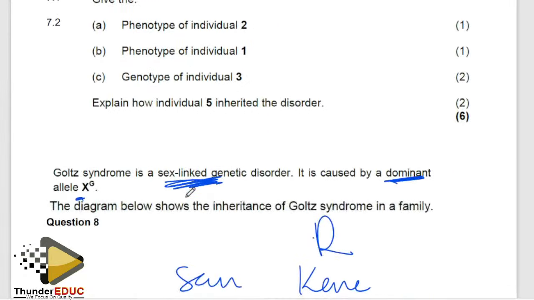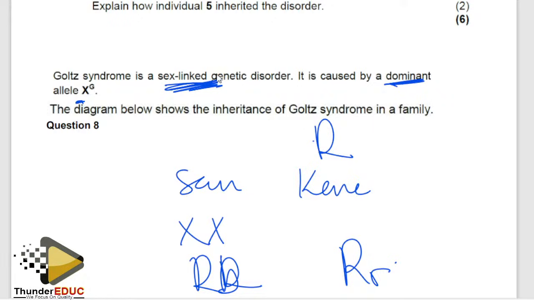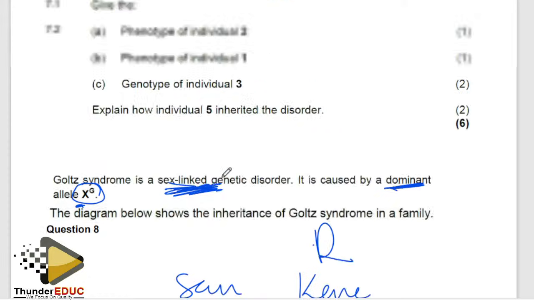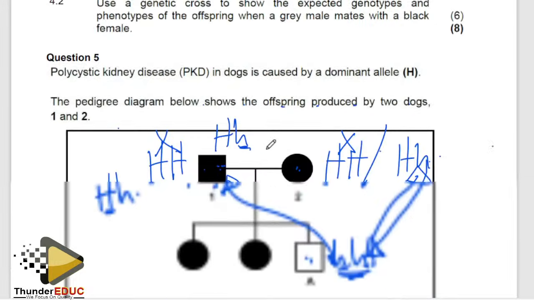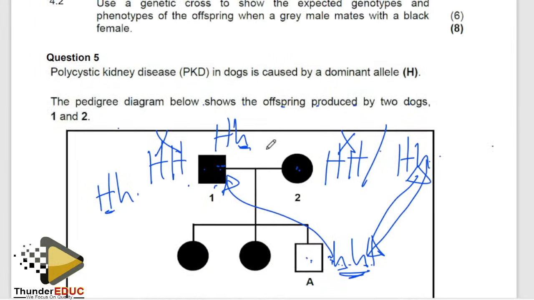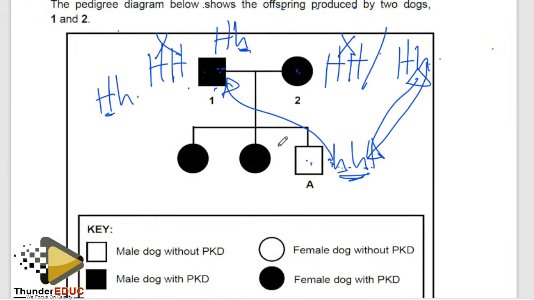Even here they said it is sex linked, and they gave you what to use: that it is carried on the X chromosome. So this situation is caused by a dominant allele, but it can be caused by a recessive allele. I think now I'm clear when it comes to the difference between phylogenetic tree and pedigree.